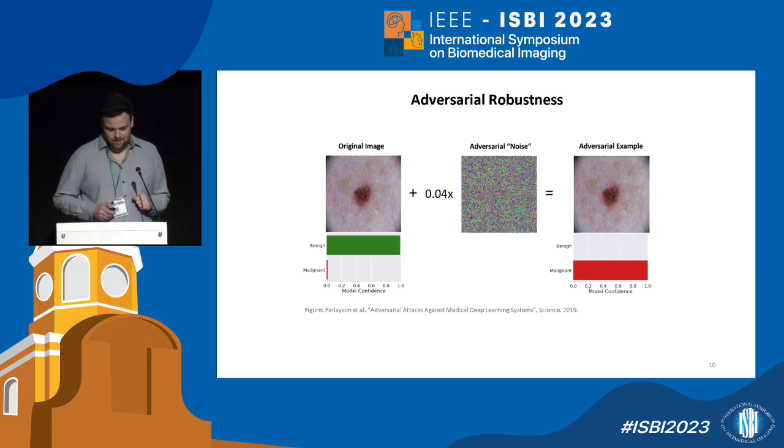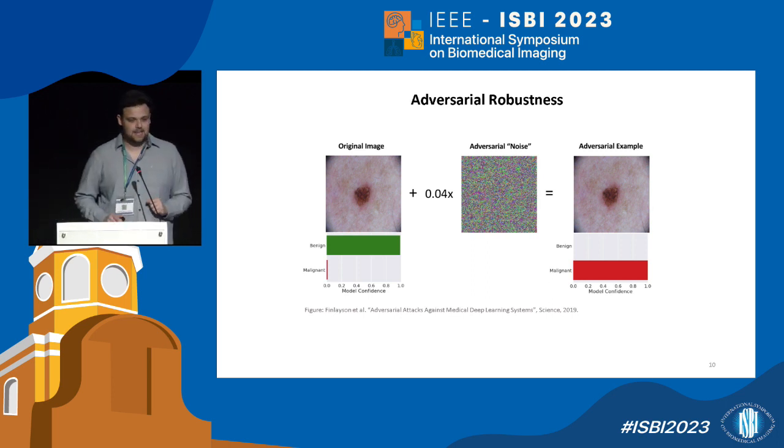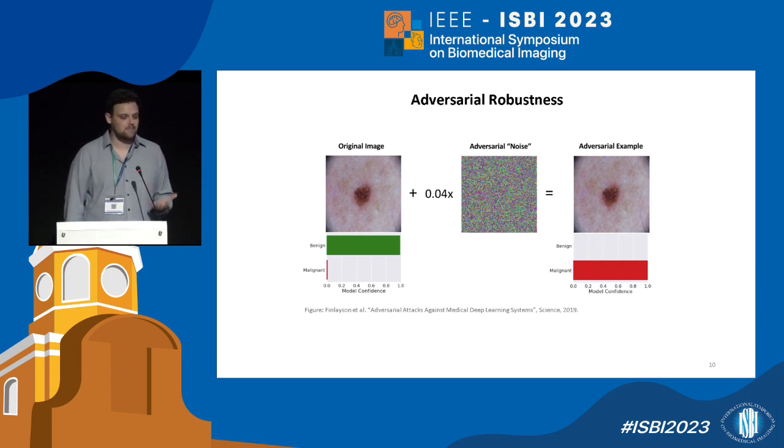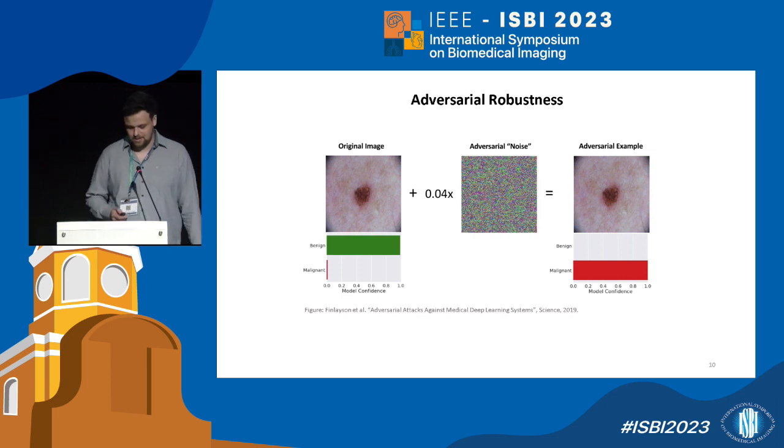For example, here you have a mole that is correctly classified as benign, but if you add this little noise pattern, you can actually fool your model into making a wrong prediction. And not only that, it makes a wrong prediction with very high confidence. And unfortunately, when you train your models in a standard way, you're very likely to train models that are highly vulnerable to this.